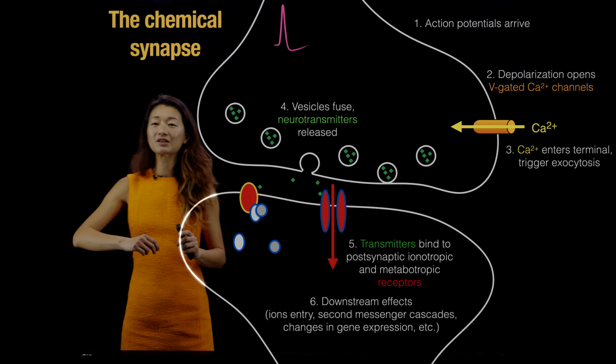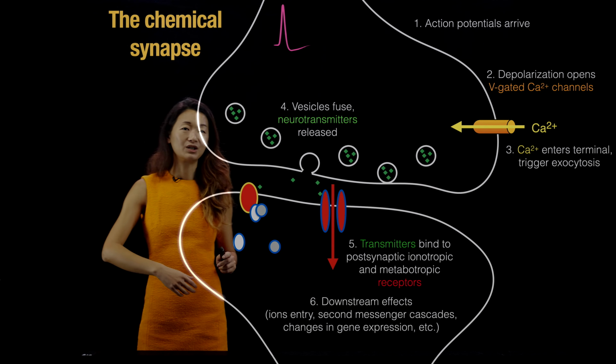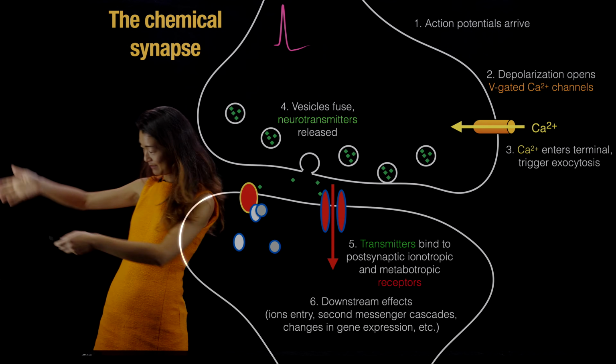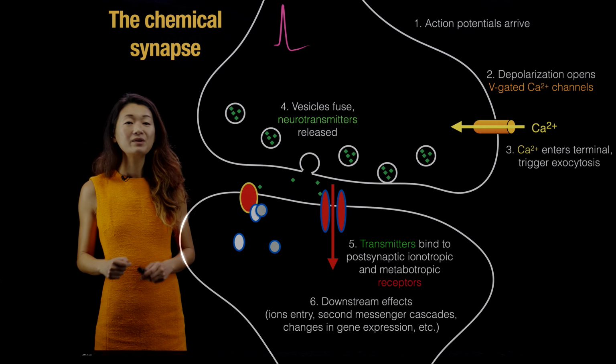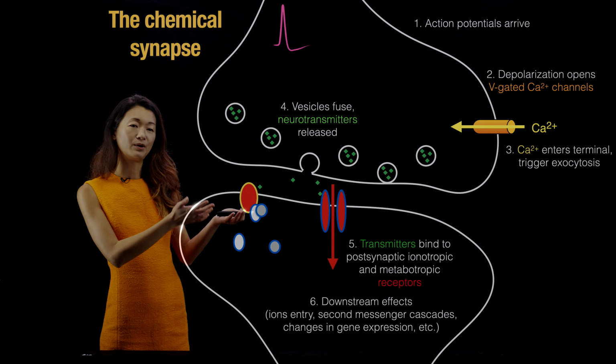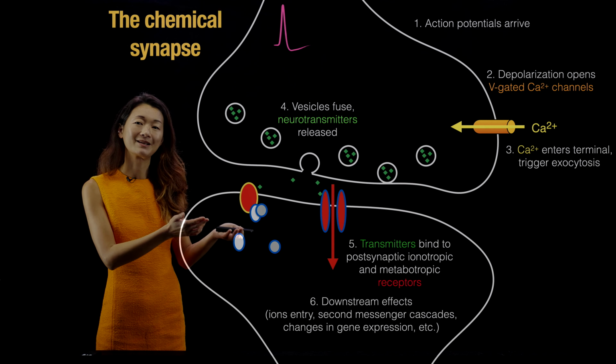It could also trigger some faraway changes. For example, we can trigger a change of gene expression all the way down to the nucleus of the cell. That message is going to get passed down, right? And we can also do other things like change the local concentrations of these receptors at the postsynaptic side of the synapse.